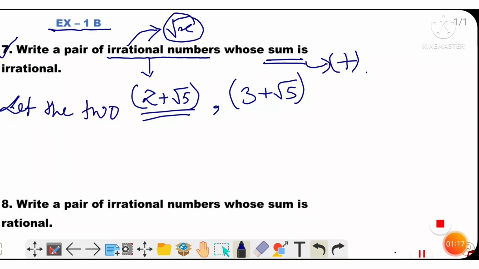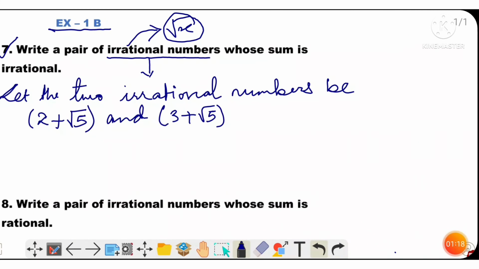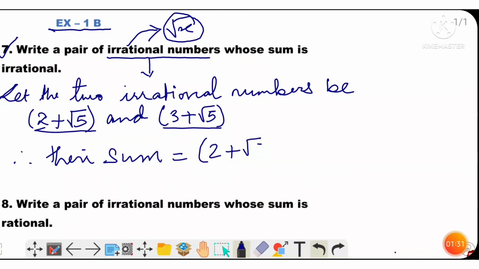So let the two irrational numbers be 2 plus root 5 and 3 plus root 5. In both cases, we are taking plus, plus to find the irrational. So their sum will be 2 plus root 5 plus 3 plus root 5.